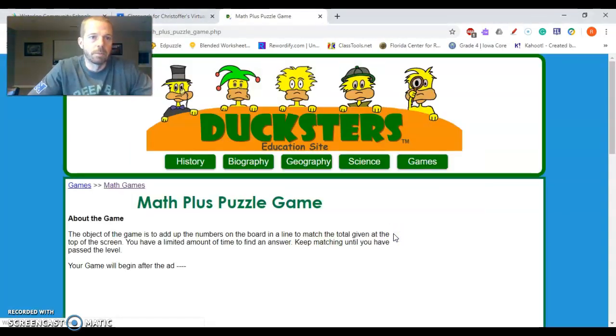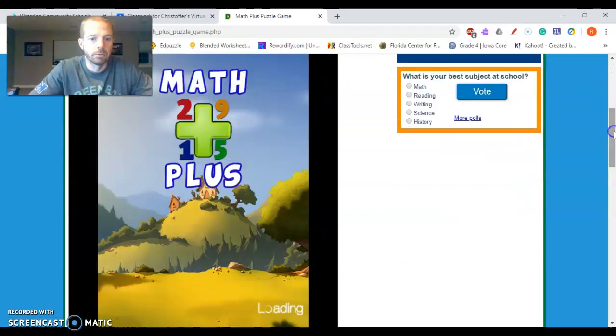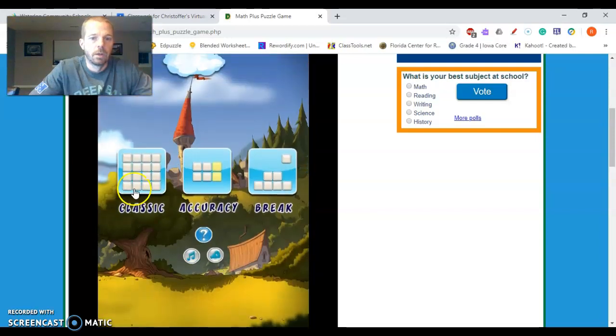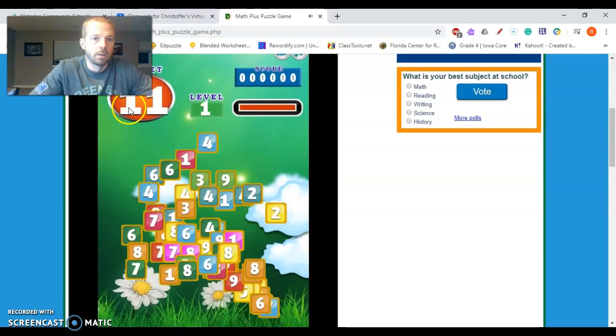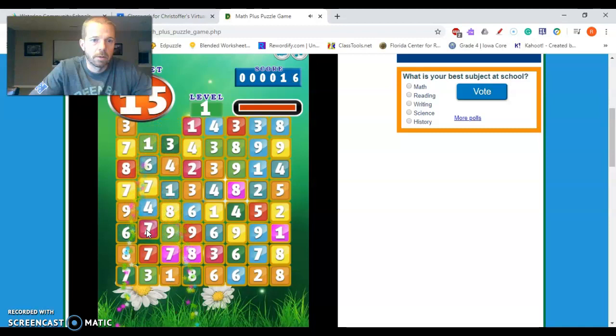Okay, first one is a math puzzle, so you're using your addition skills to solve this puzzle. It's going to give you a target number up here. You have to click on two numbers that equal 11. I know that 5 and 6 equal 11, so I find a 6 here, and a 5. Now I have to try to make 15.